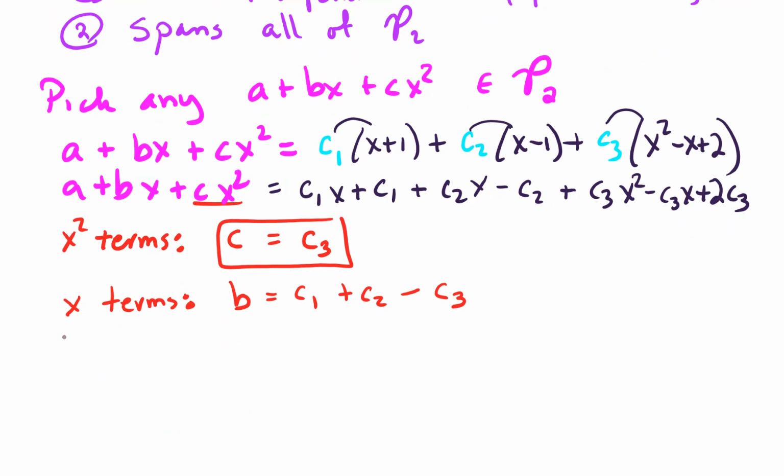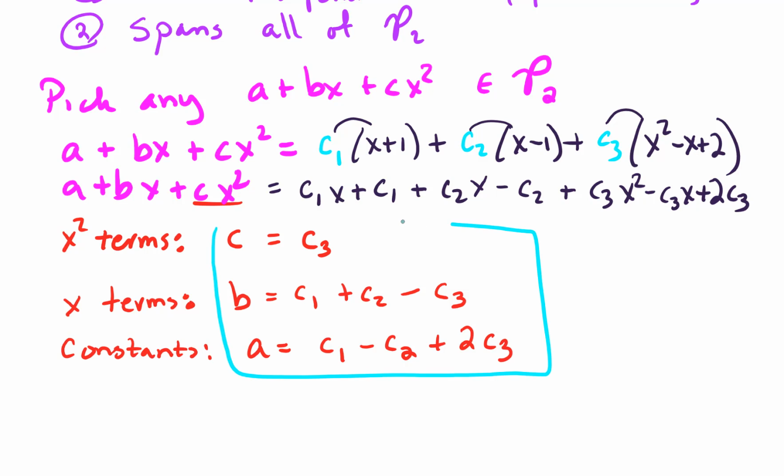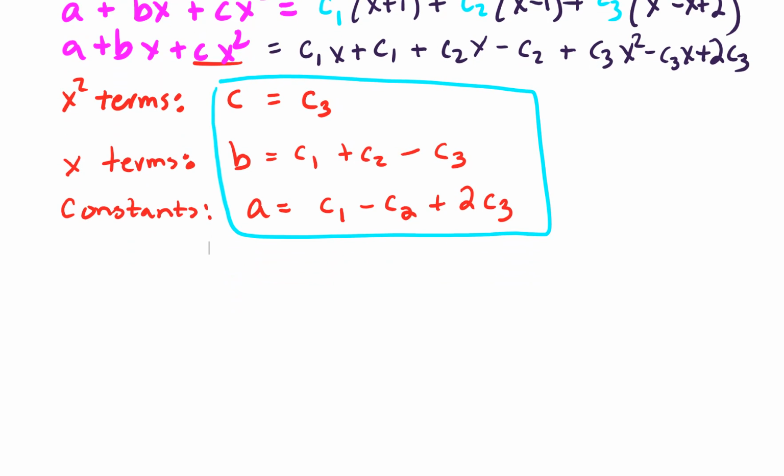And lastly, for our constants, on the left-hand side we have a, and on the right-hand side we have c1 as a constant, negative c2, and 2c3. So this gives us a system of equations, and we can look to see if there are c sub i's that satisfy. Does the system of equations have a solution or no solution?